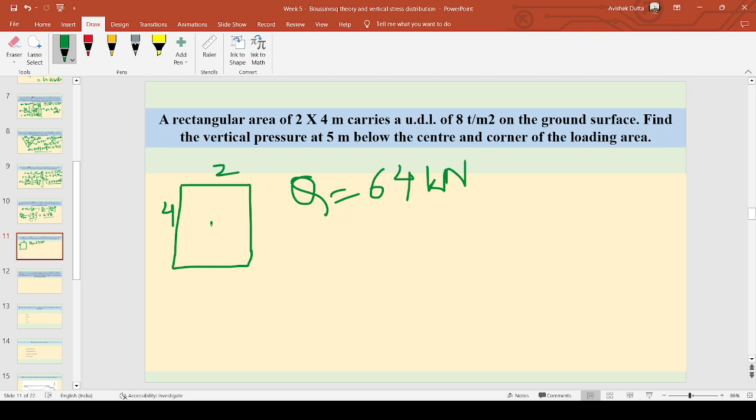Now, we are asked to find the stress at the corner, and for that we have to find the radial distance of the center from the corner. This will be one half of 2, and this one half of 4, and this radial distance r is going to be root over of 2 square plus 1 square, that is root over of 5.